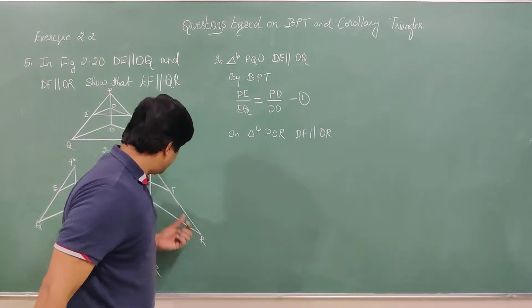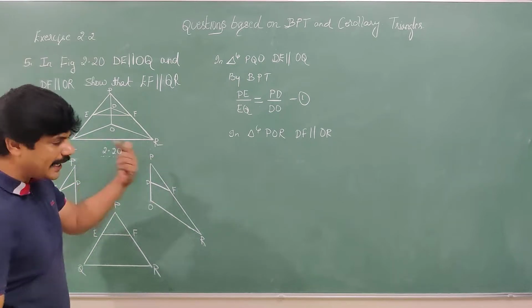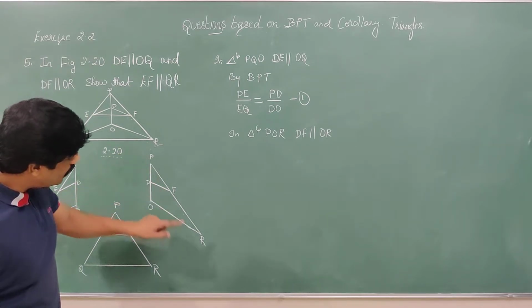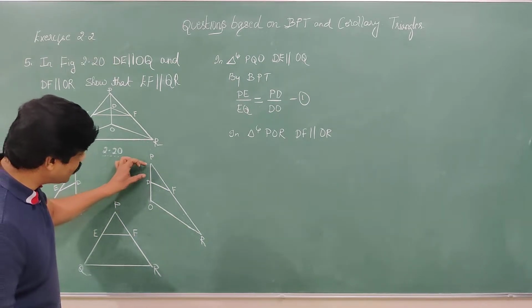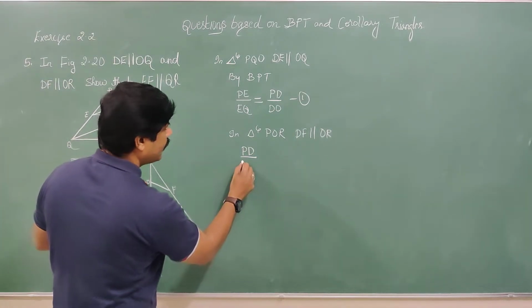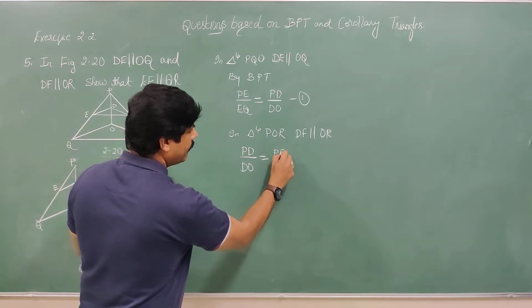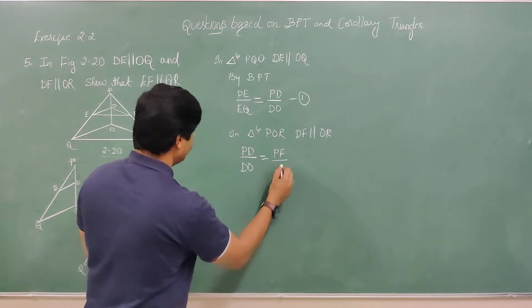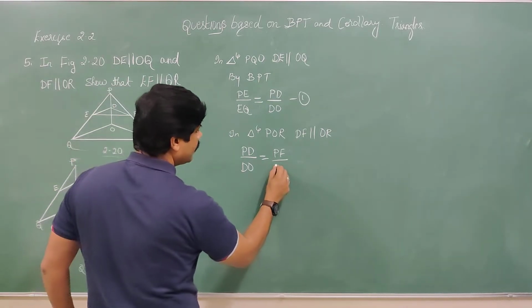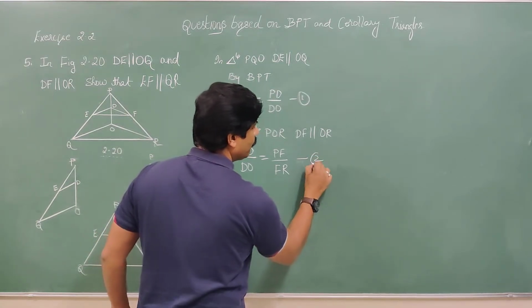When DF is parallel to OR, this line divides the other two sides in the equal ratio. Which are the other two sides? PO and PR, which are divided in the equal ratio. That means PD by DO is equal to PF by FR. Mark this as 2.